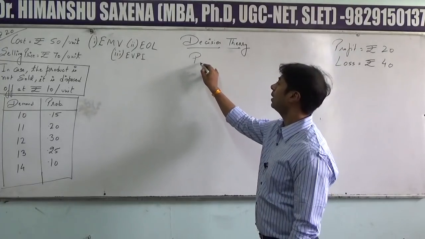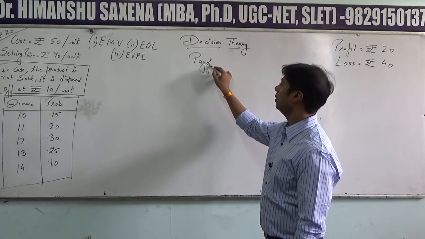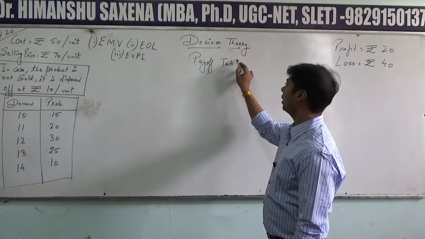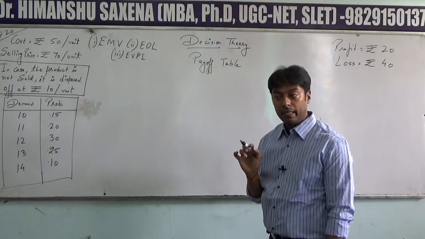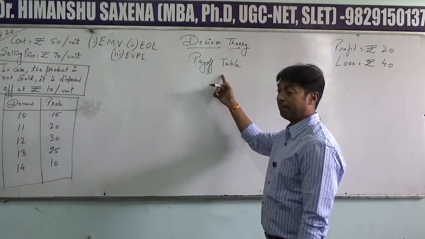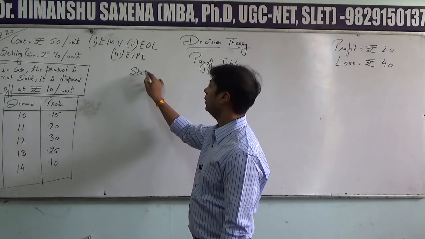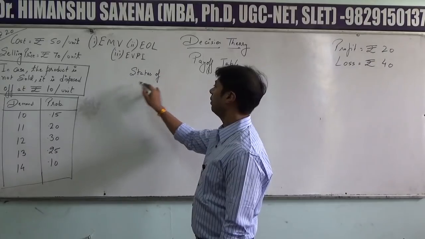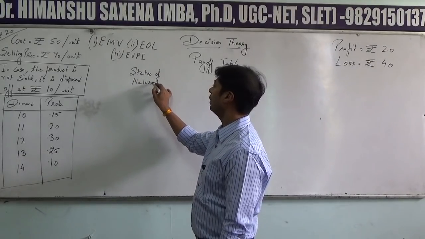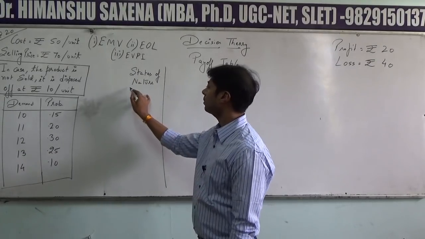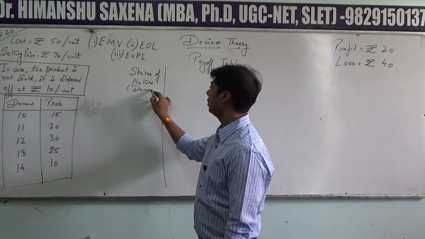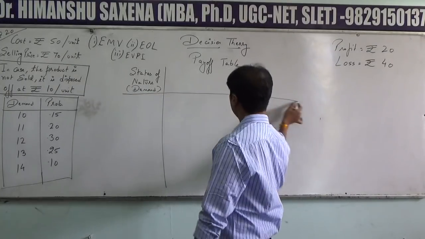So the first table that we are going to construct over here is payoff table, and the format for this payoff table is, initially you will have states of nature, which can be denoted by demand.